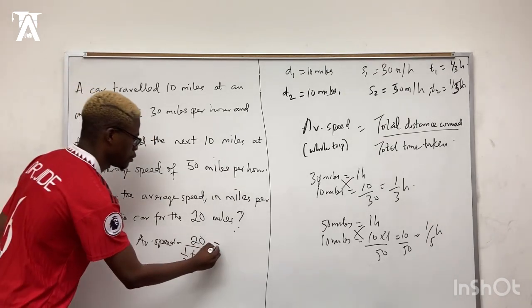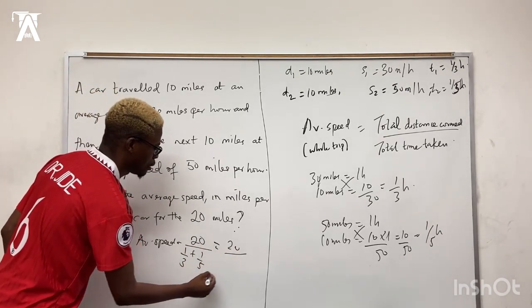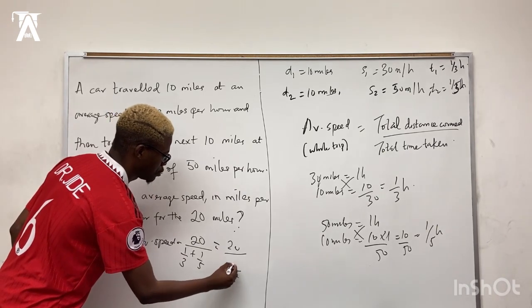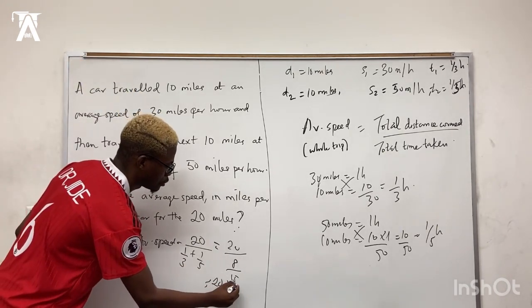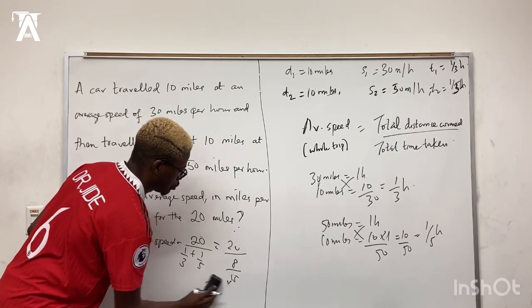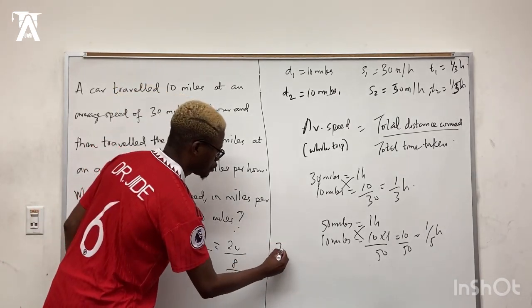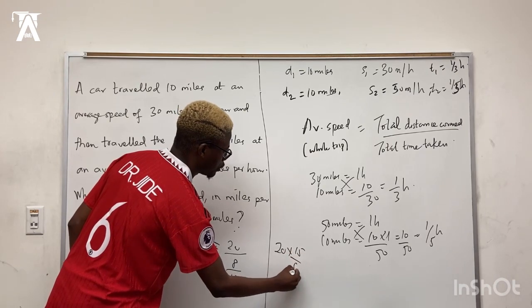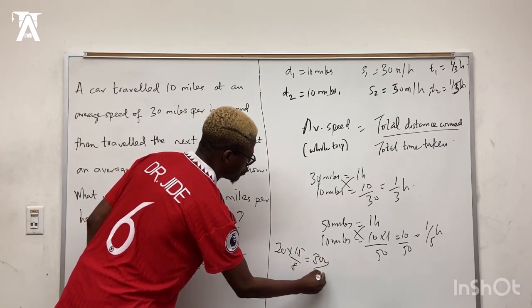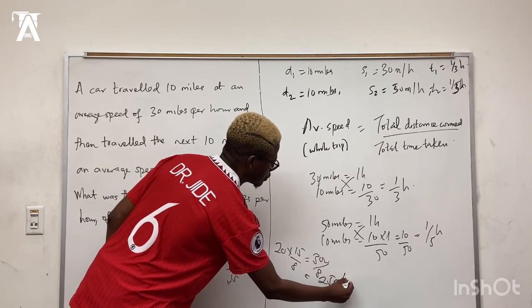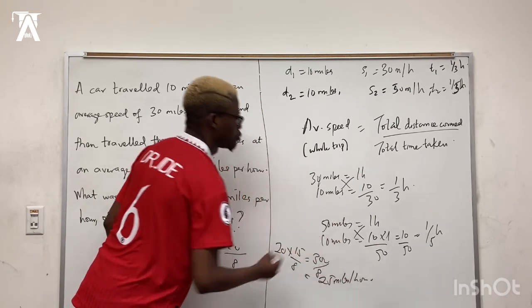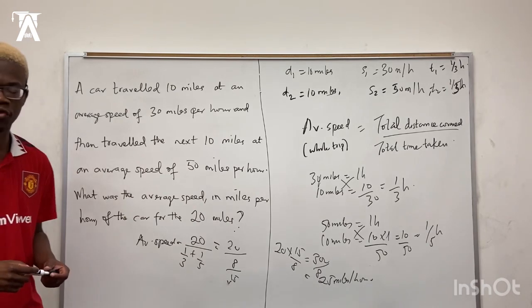All right, so this is 20 divided by 8 over 15. This is 20 times 15 over 8, 300 over 8, which is 25 miles per hour. That is the average speed for the trip.